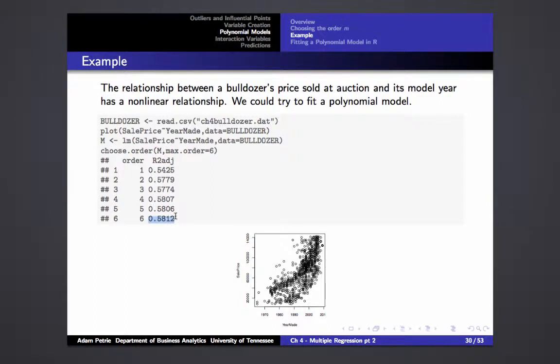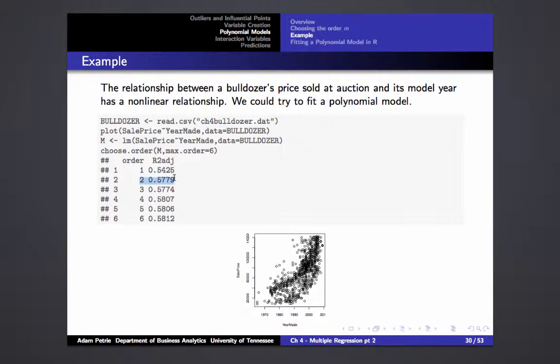However, I can get away with doing a simpler model that doesn't give up too much in terms of R squared adjusted. So my guideline is to calculate what is 0.005 smaller than this, which would be 0.576. And I'm going to choose the simplest model that still has an R squared adjusted larger than 0.576, which would be a second order polynomial.